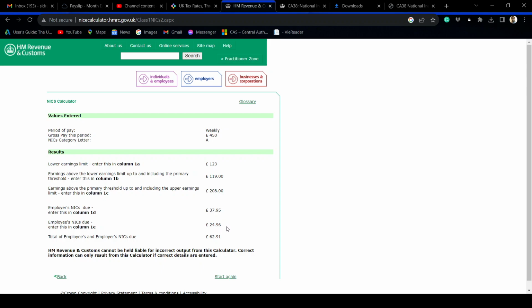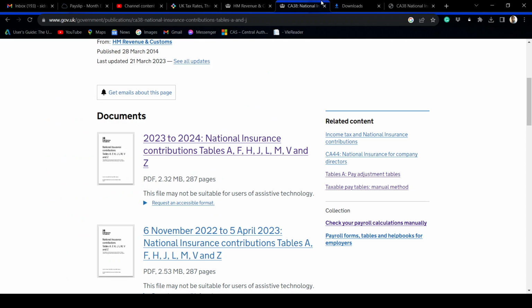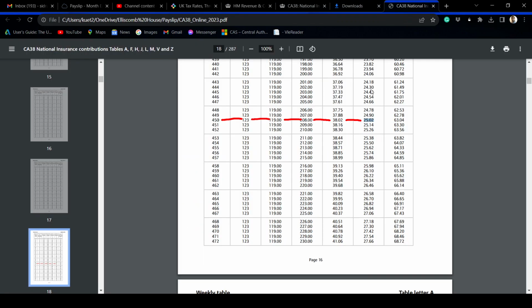The gap between this 24.96 and that table, the difference between these two amounts, is very, very minimal. It's just because of the rounding up and the point calculations. So never mind, but your national insurance should be something like this.